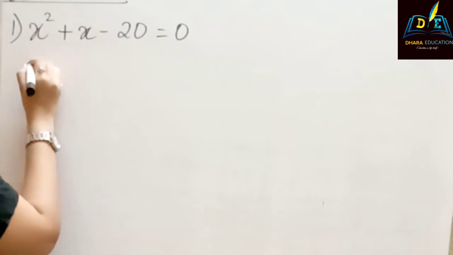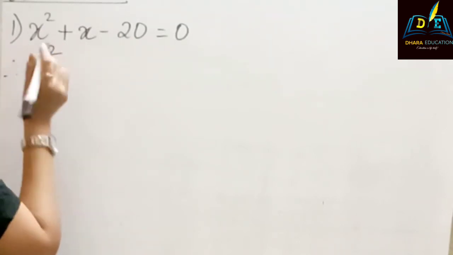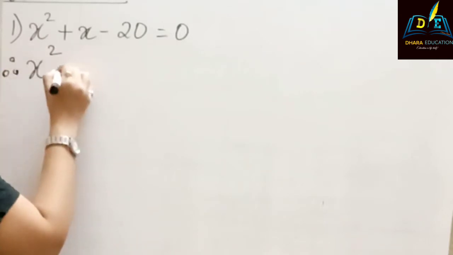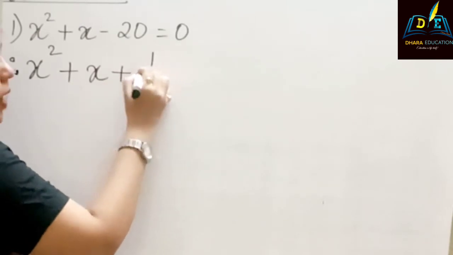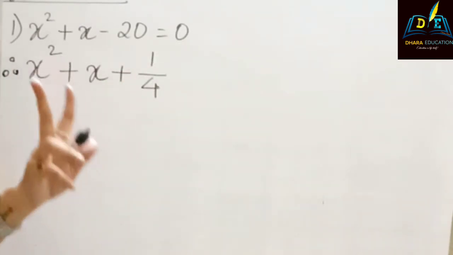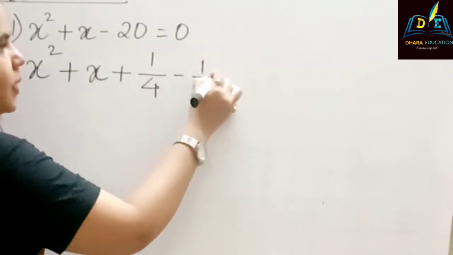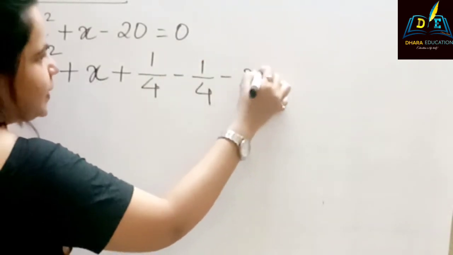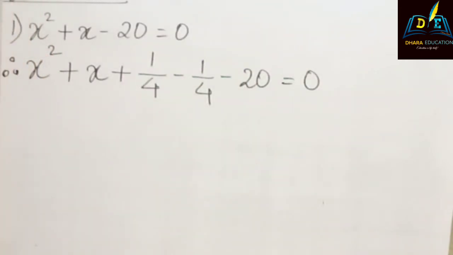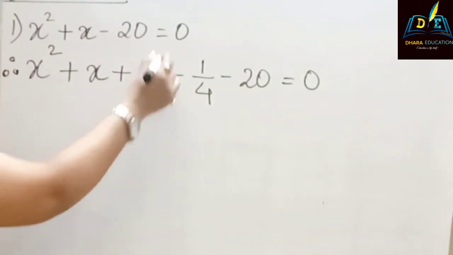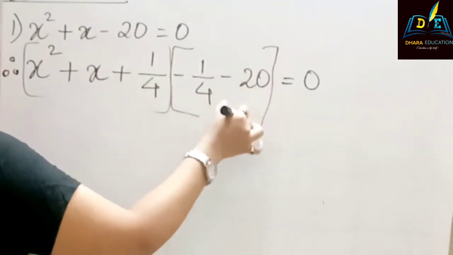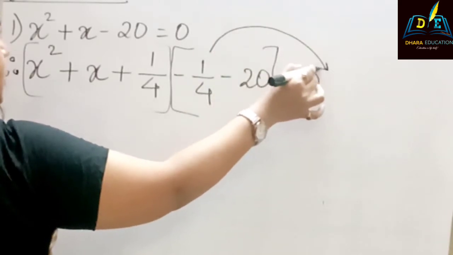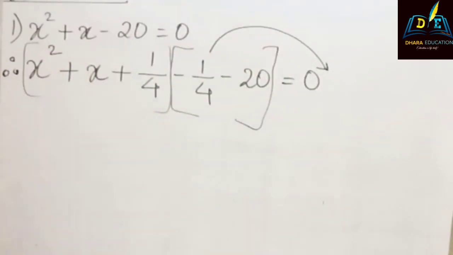So now what I will do, x square plus x. Now plus 1 upon 4, which we have done in the second step, minus 1 upon 4, minus 20 is equal to 0. So now students, we need to separate this particular term and this particular term, and we need to send this particular term to the right hand side as per our steps, which is followed in step number 4.